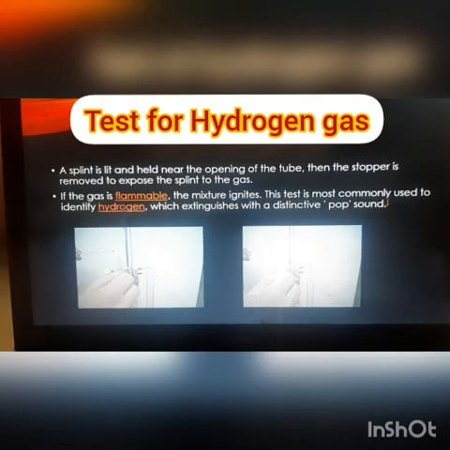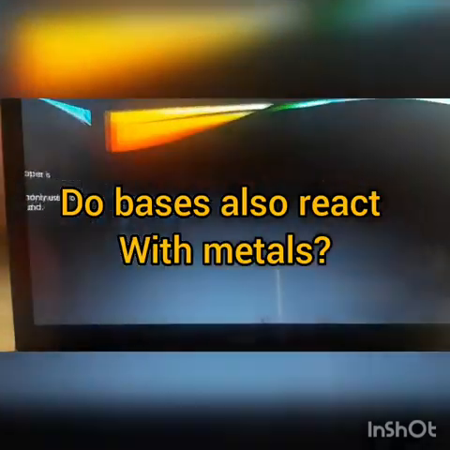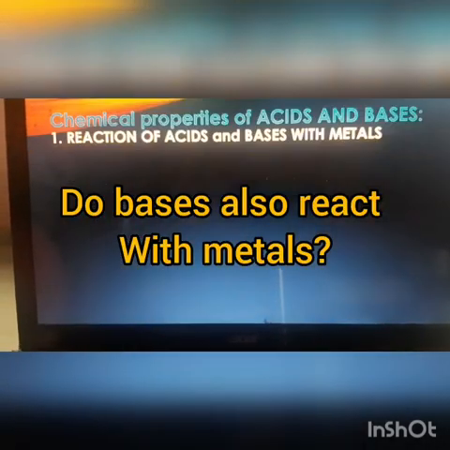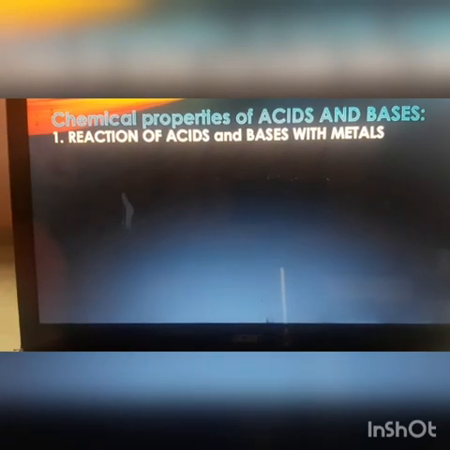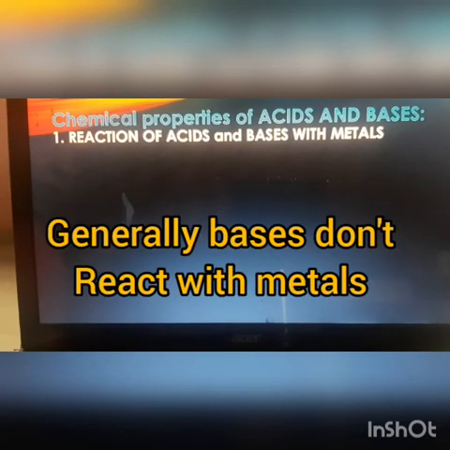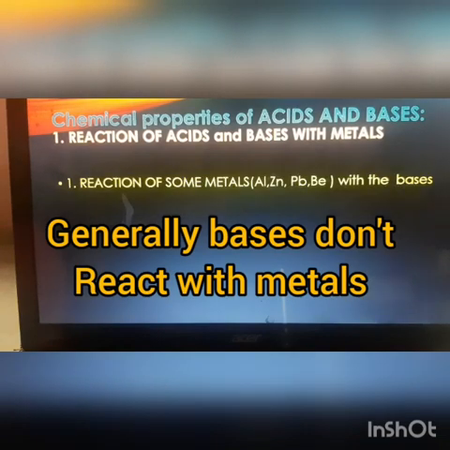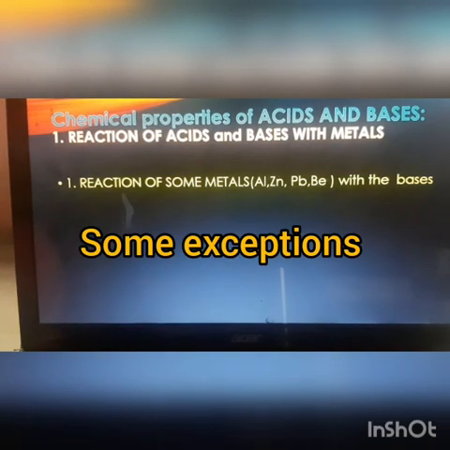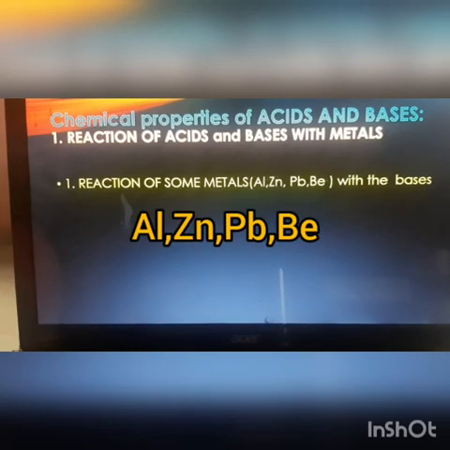Now students, what about the bases? Do bases react with metals? No. Generally bases do not react with metals, but there are certain exceptions. There are certain metals which react with bases.